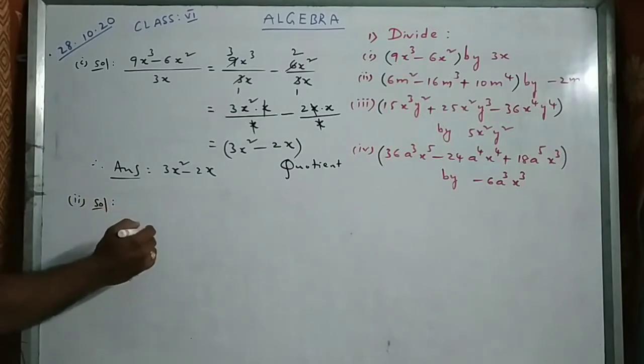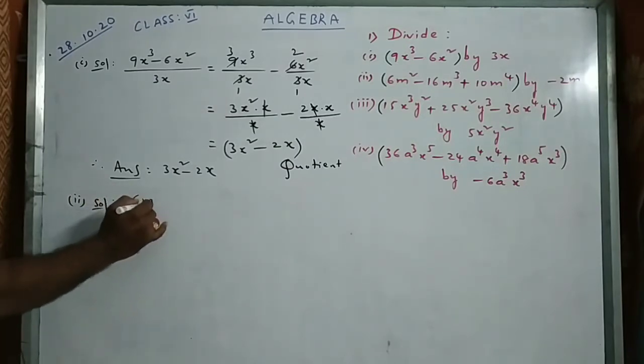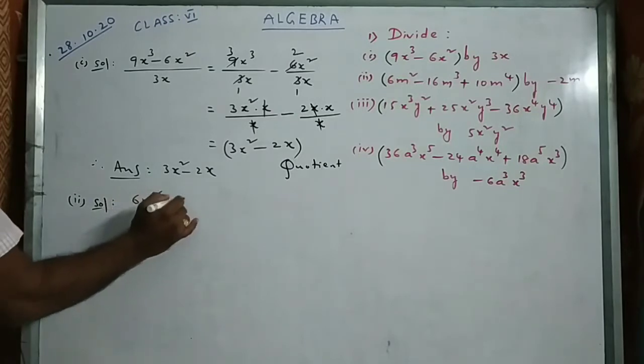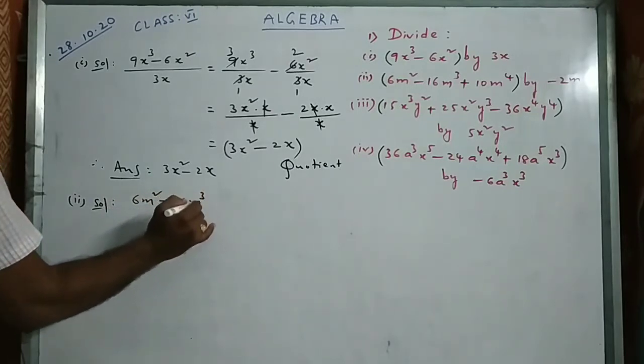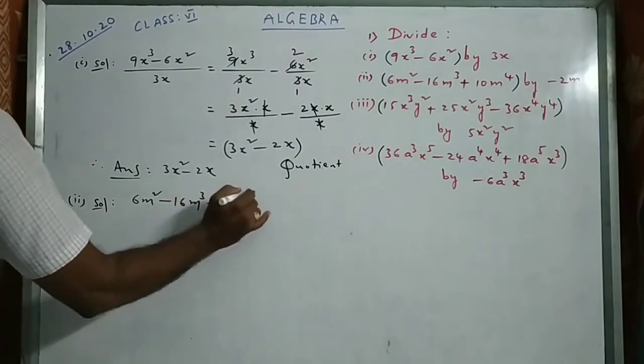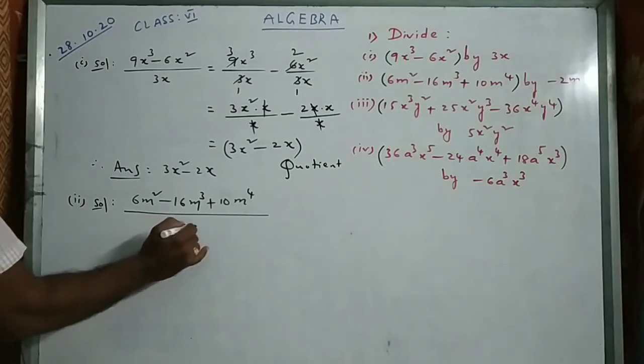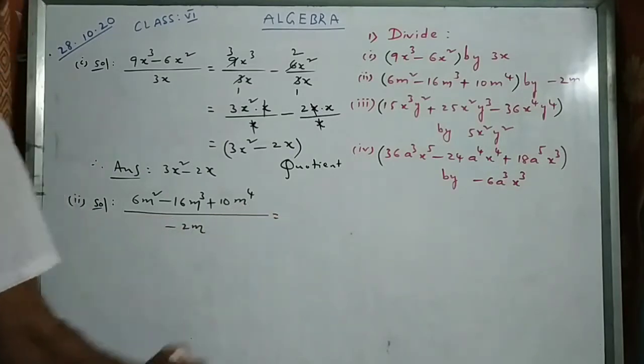Look at the second question. Second one is trinomial by a monomial. So 6m square minus 16m cube plus 10m power 4 upon minus 2m. Right?